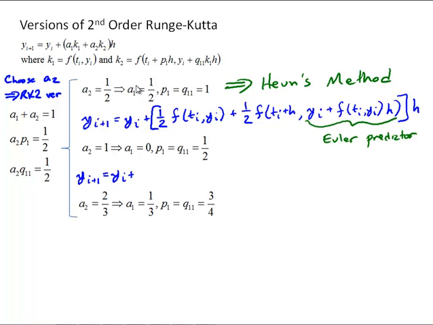And then k2 is going to be f evaluated at ti plus p1, which is 1/2, so 1/2 h, and yi plus 1/2, which is q11, times k1, which is f at ti, yi times h, and all of that times h.